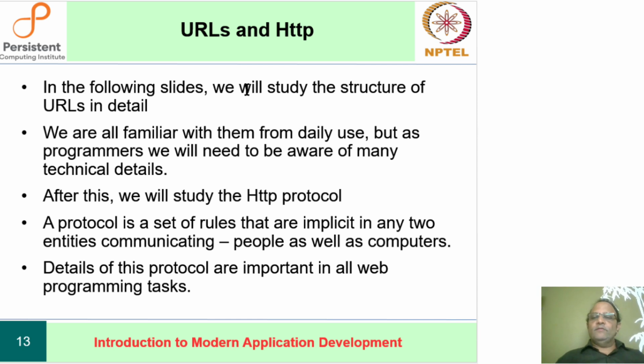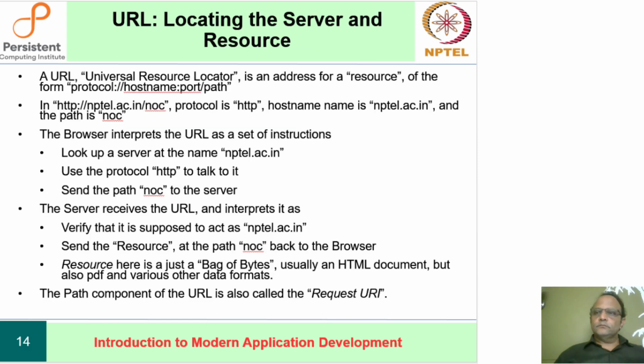So, although we are familiar with them from daily use, we need to understand them together as componentized interfaces plus participants in the HTTP protocol. A protocol is a set of rules that is implicit in any two entities that communicate, whether it is people or whether it is computers. And the details of how that communication happens matters in all web programming.